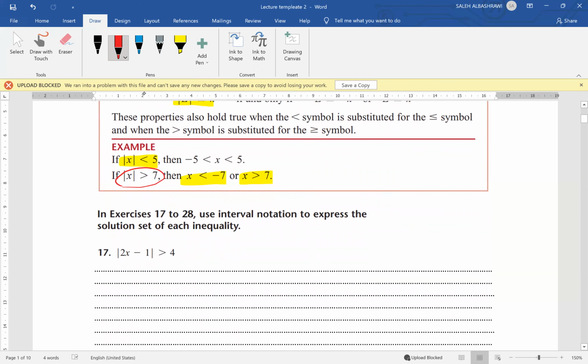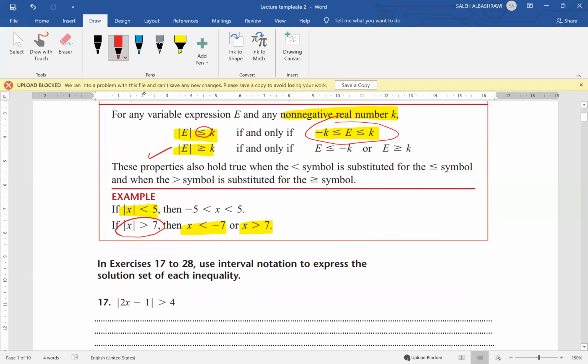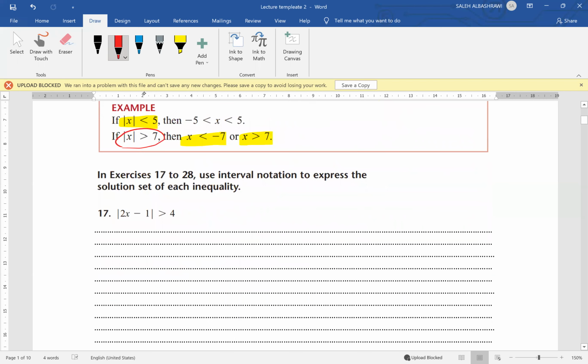In these examples, we need to use the interval notation to express the solution set of each inequality. In the first example, I have the absolute value of 2x minus 1 is greater than 4. Since it is greater than, we are speaking about the second form of the absolute value inequality. I have 2x minus 1 greater than 4.